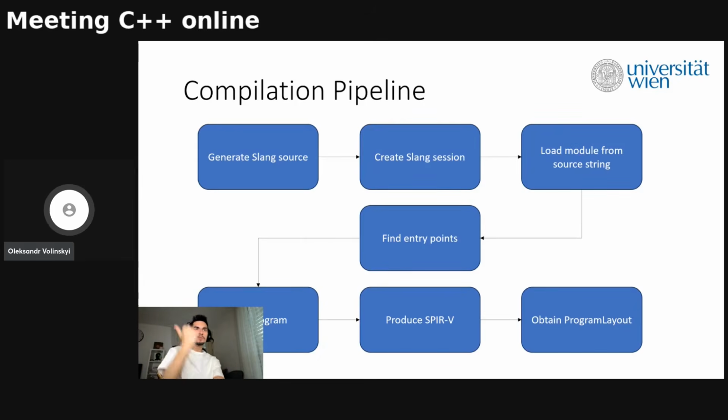The compilation pipeline follows basically the Slang API workflow. The whole workflow that you can see here is written in the Slang compilation API documentation, and it clearly follows that. So how it works.